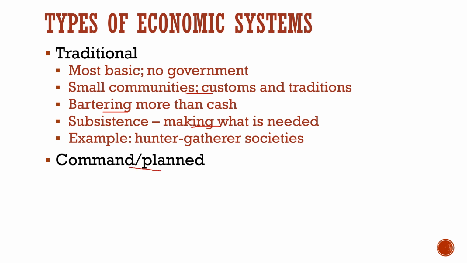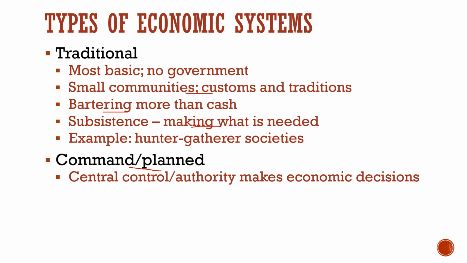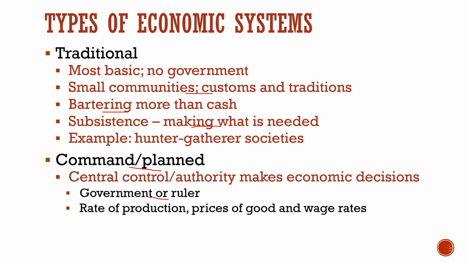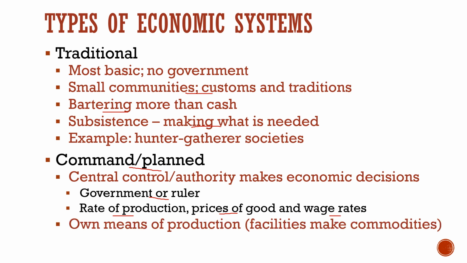Then we have the command or planned economy. So their central control here and authority makes those economic decisions. So the government or the ruler is in charge of that. They determine the rate of production, so what gets made, the prices of that, the wages, again, thinking about labor market.